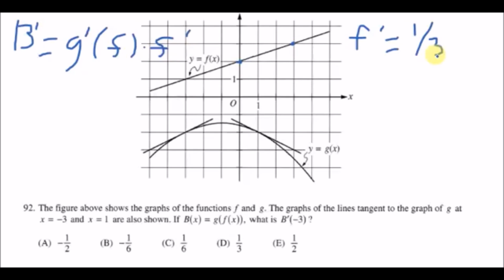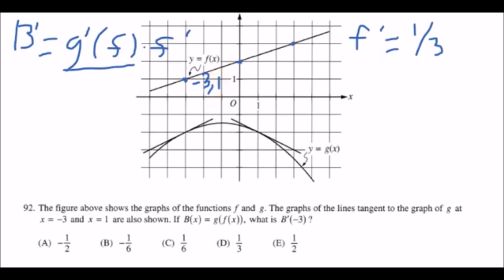So the first order of business here, let's take care of one bit at a time. This here, we're looking at g prime of f of x. F of x at -3 is right here. That looks to me like a really nice little point, -3, 1.